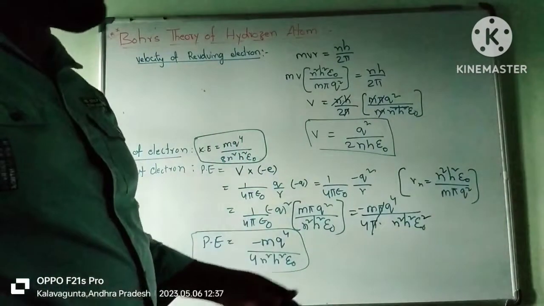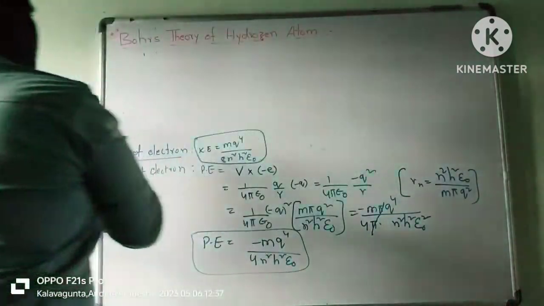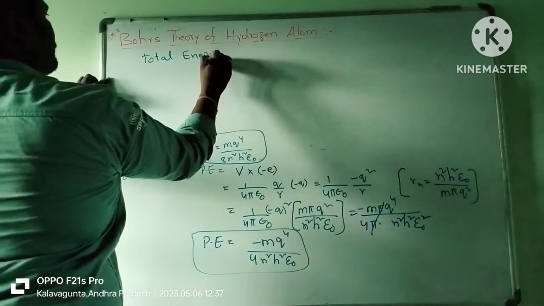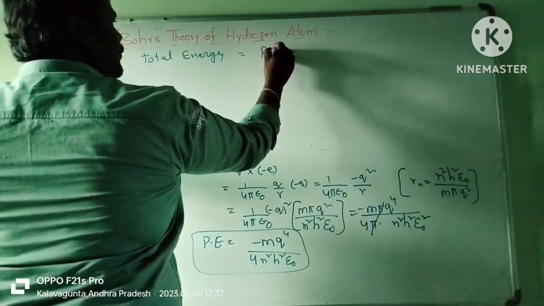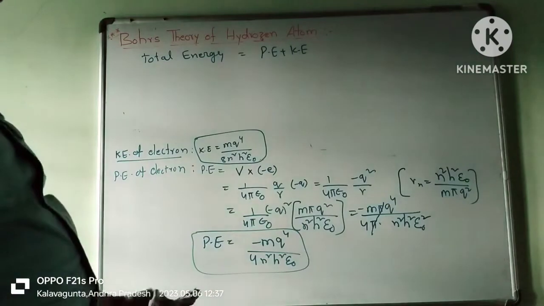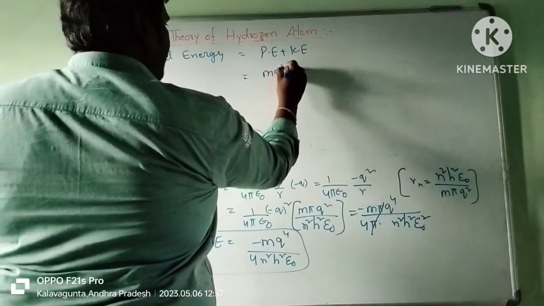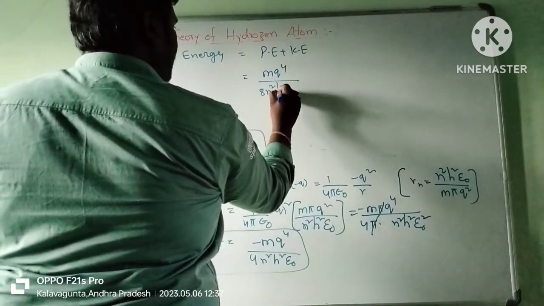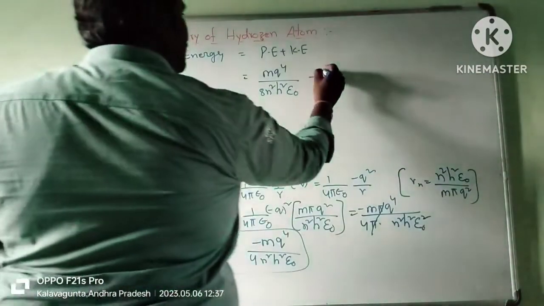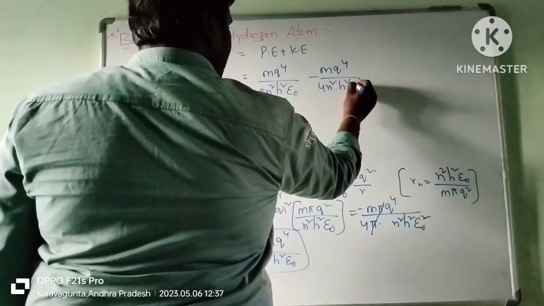Now what will happen for the total energy of an electron in the orbit? Now we are going to find the total energy. Total energy means potential energy plus kinetic energy, or kinetic energy plus potential energy. Here the bigger one is kinetic energy, so I am writing it first: m q power 4 by 8 n square h square epsilon naught. Here potential energy is minus, so minus m q power 4 by 4 n square h square epsilon naught.